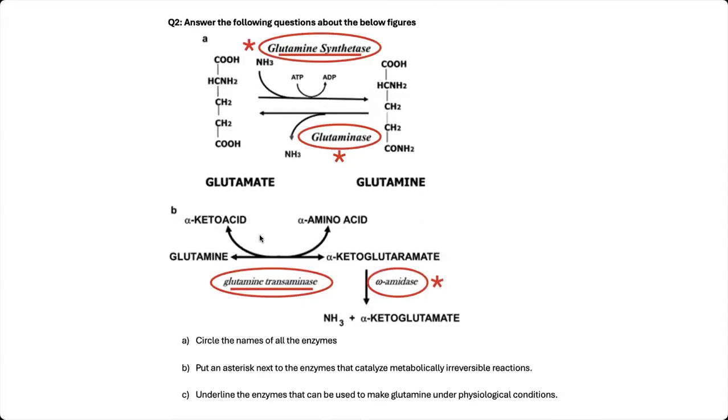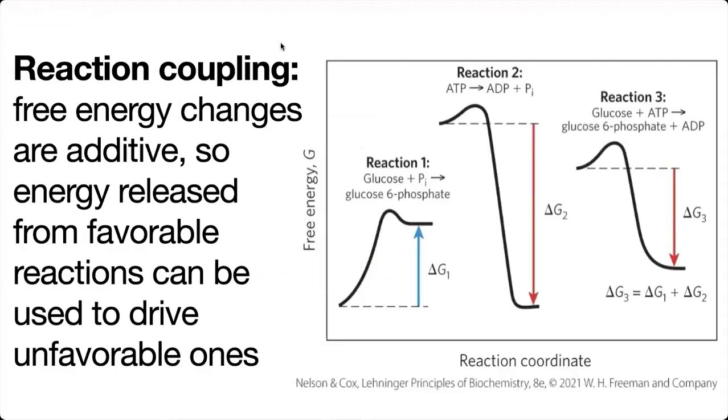We also saw that we were using ATP to make it go in this forward direction. This is an example of what we call reaction coupling. Reaction coupling is when we use the energy from favorable reactions in order to drive unfavorable reactions. We can do this because free energy changes are additive. As we discussed, the hydrolysis of ATP is energetically favorable.